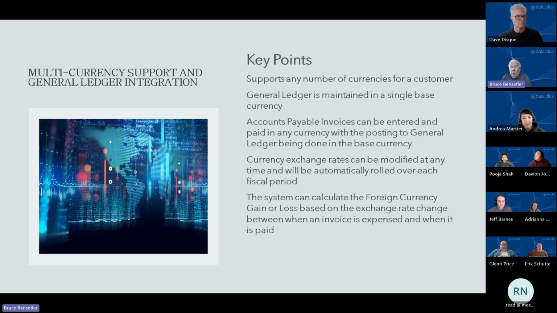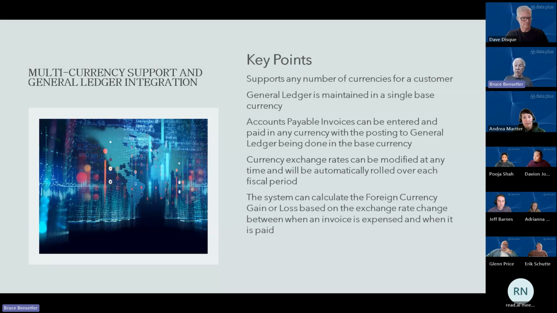You can enter invoices in any currency and pay them in any currency, so that you can enter whatever the invoice amount is. Going back to Canada, if you're a Canadian hotel, you get an invoice in US dollars.